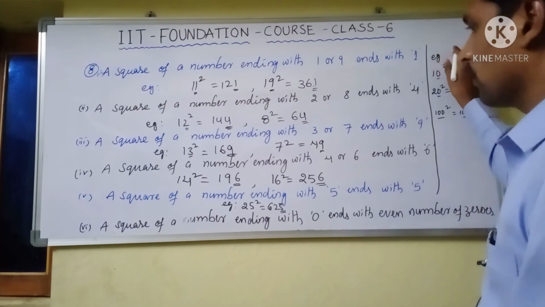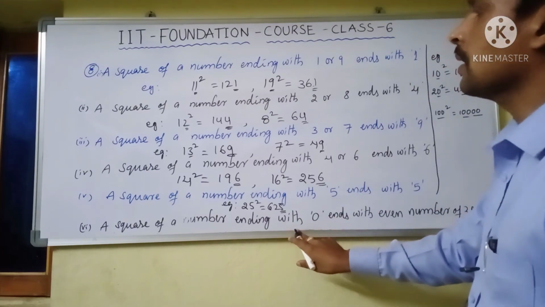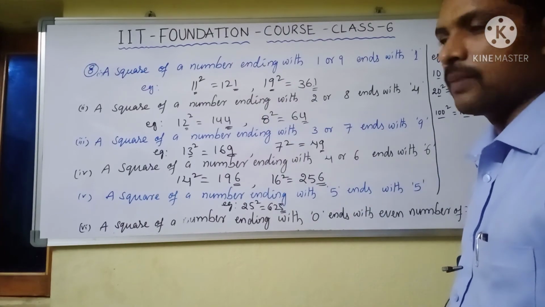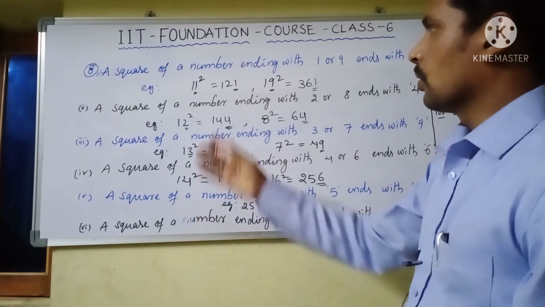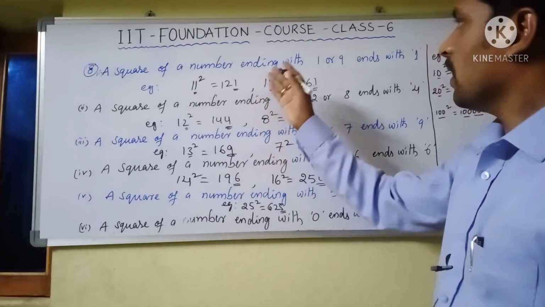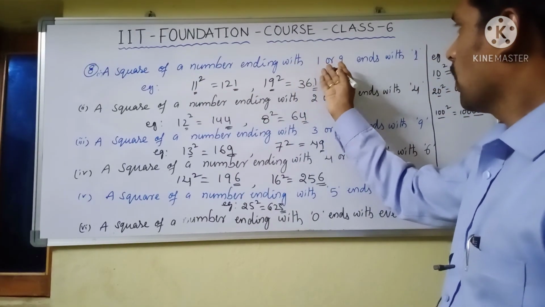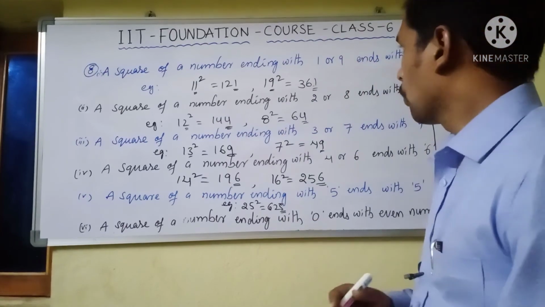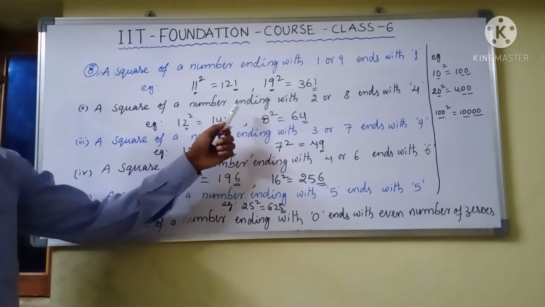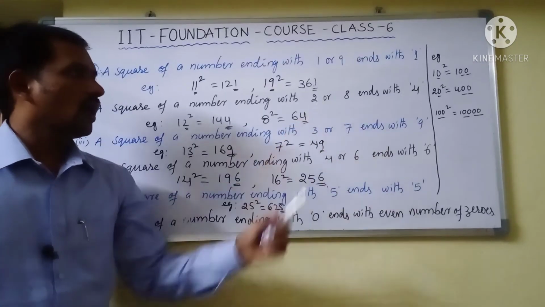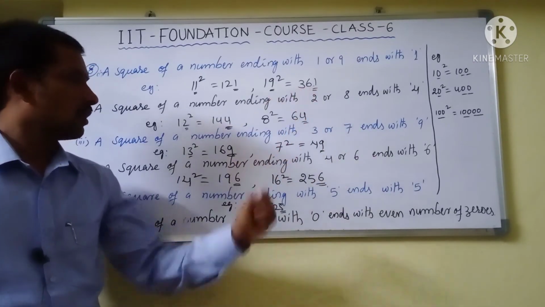This is the example for the 6th point of the 8th property. So what are the properties? Once again, recall. Eighth property: the square of a number ending with 1 or 9 ends with 1. The square of a number ending with 2 or 8 ends with 4.